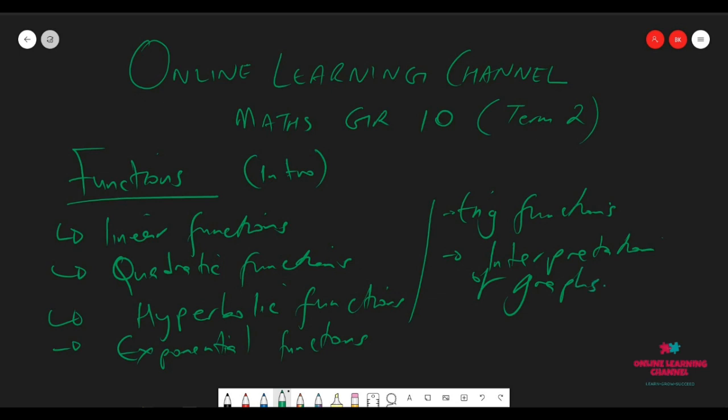Right. So these are the topics that we'll be doing under the functions main topic.